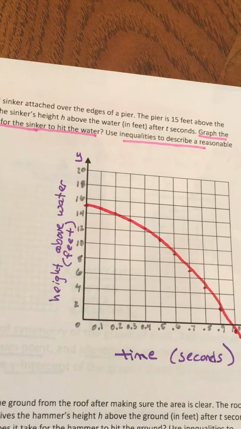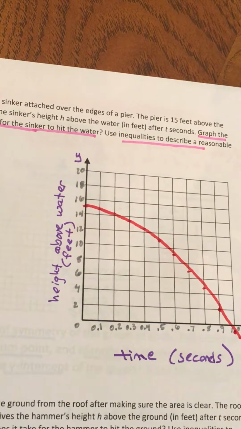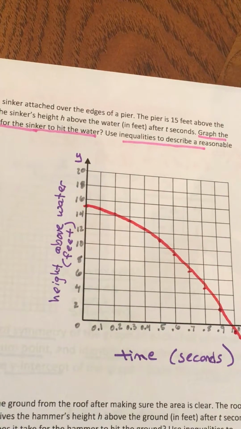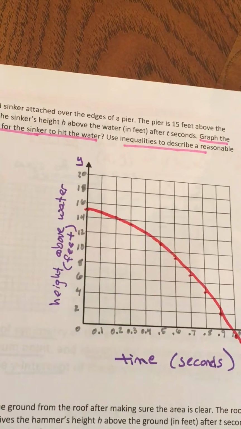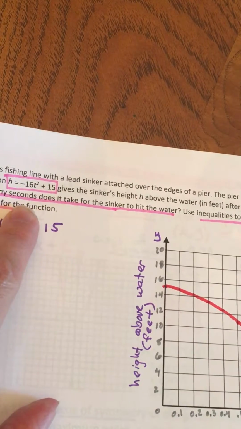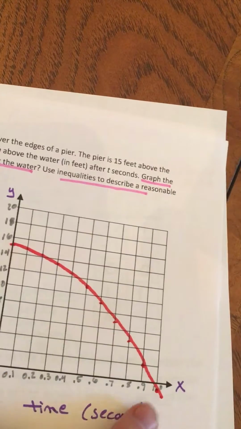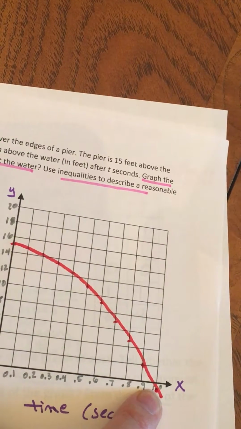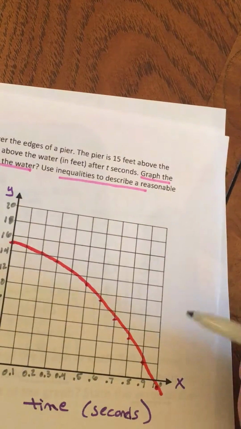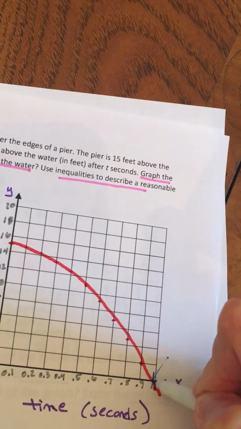So we have done our first assignment in this problem, which is to graph the function. We're asked how many seconds it takes for the sinker to hit the water. So the sinker hits the water right here as we are at a 0. This is the water height.